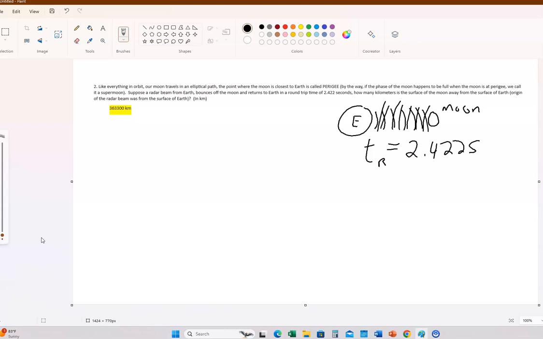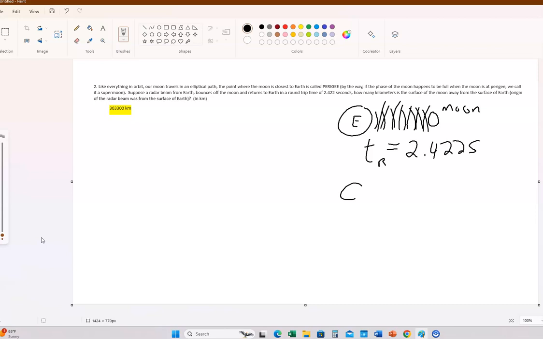Radar, just like all forms of electromagnetic radiation, travels at the speed of light, which is such a special number in all of the physical sciences that it gets its own symbol.